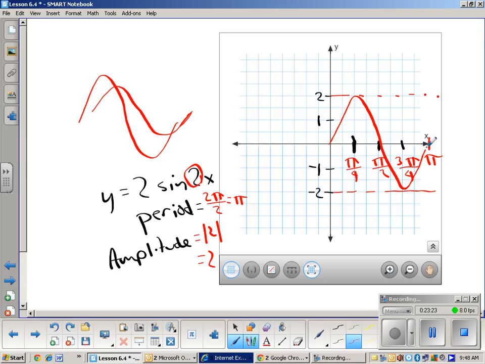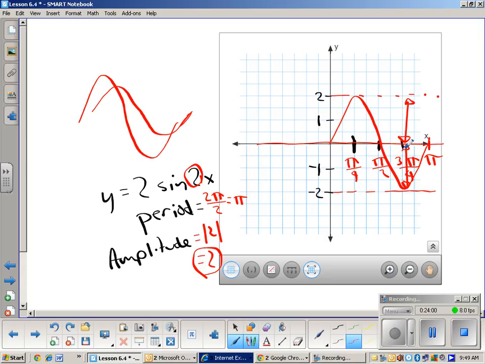This is hard to draw with my finger creating shadow on the board, not seeing where I'm going. So anyway, it looks something like that. Okay? Any questions on that? Don't forget the amplitude like I did. Amplitude is the distance from the midline to the high and from the midline to the low. That's amplitude. Okay? All right.